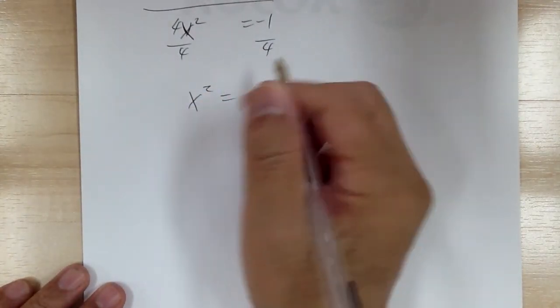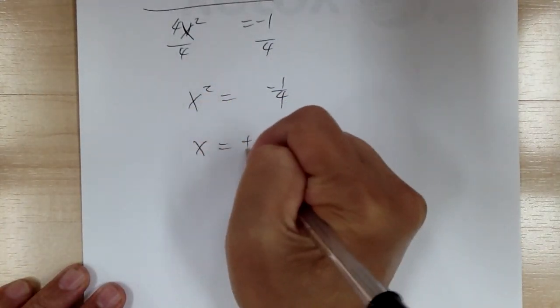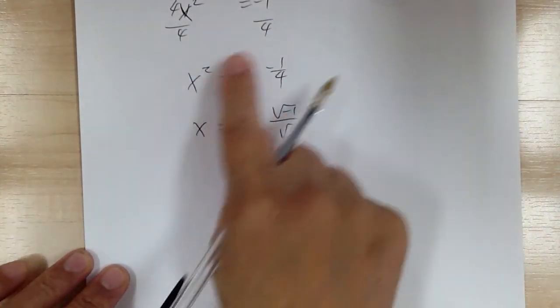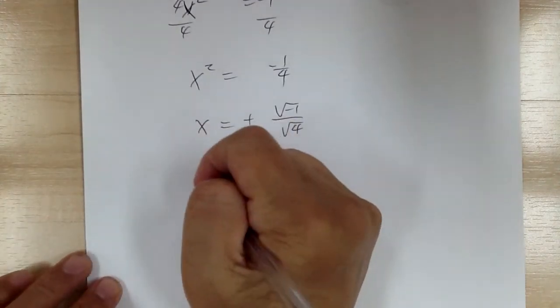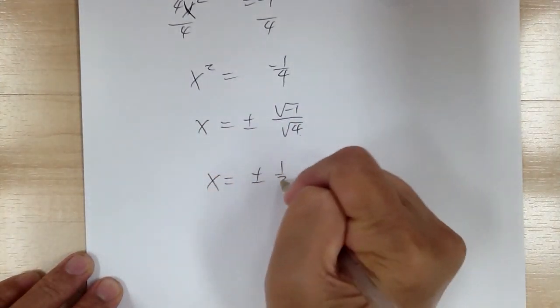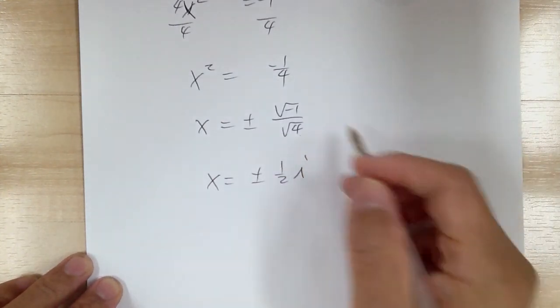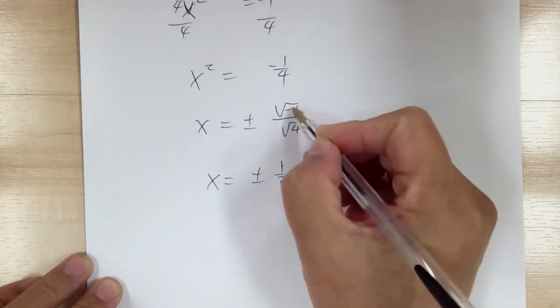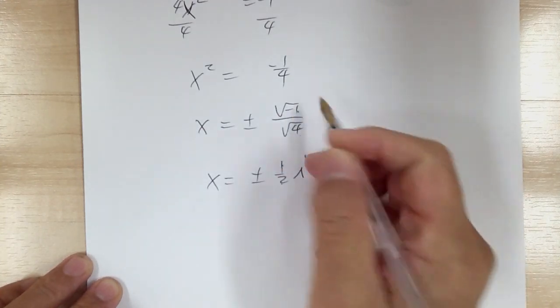Take the square root. So you're going to get x equal to plus or minus the square root of negative 1 over the square root of 4. You can take the square root of every part. This is going to be an i, and this is going to be a 2. So x will equal plus or minus 1/2 i. Again, the square root of 1 is 1, the square root of 4 is 2, and the square root of a negative is i. And that's it.